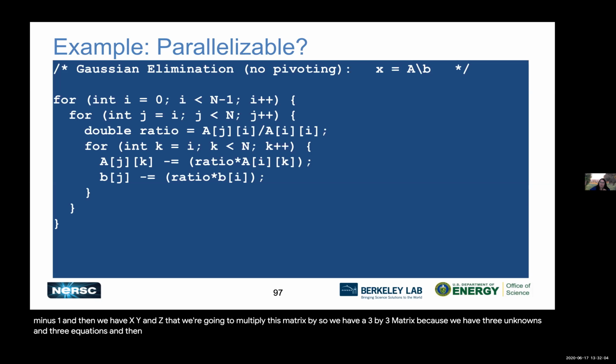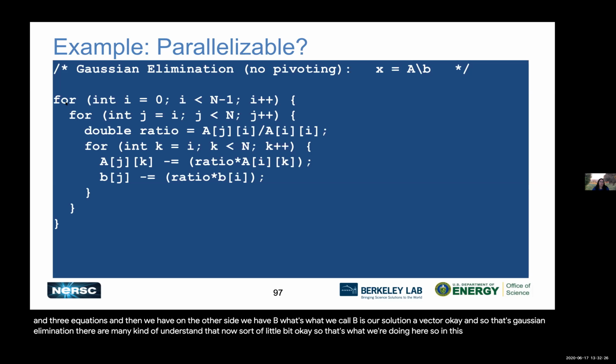And on the other side, we have B, which is our solution vector. And so that's Gaussian elimination. Does everybody kind of understand that? Sort of, a little bit. Okay, so that's what we're doing here.